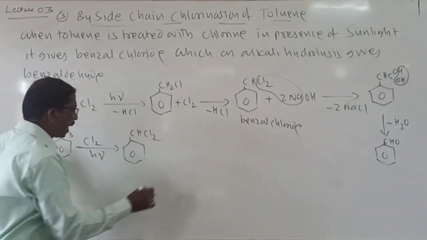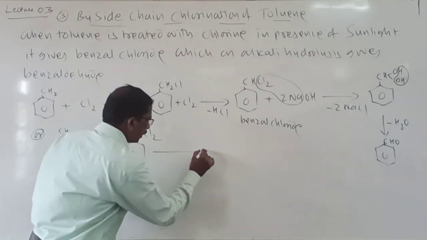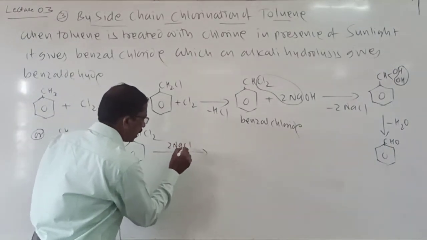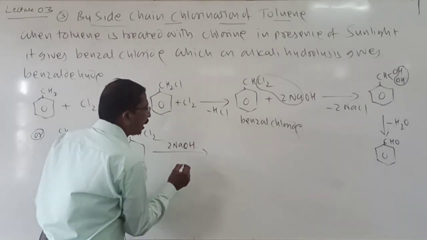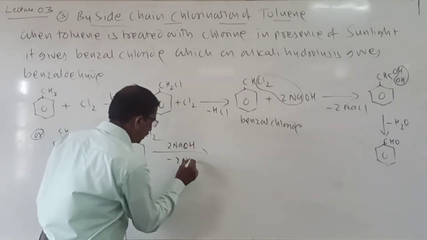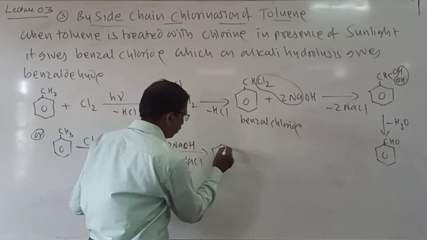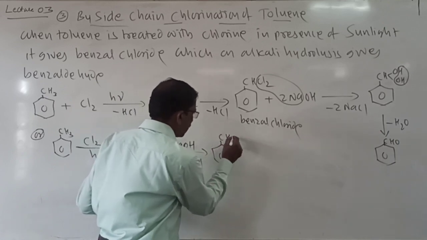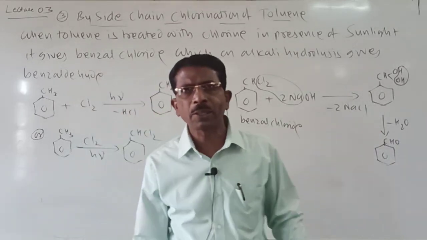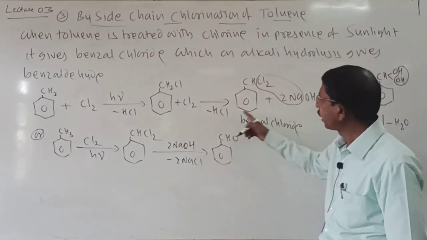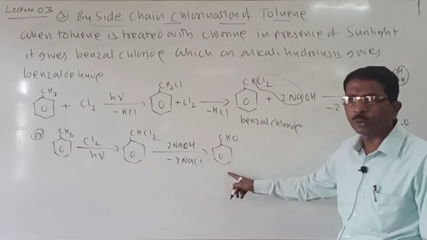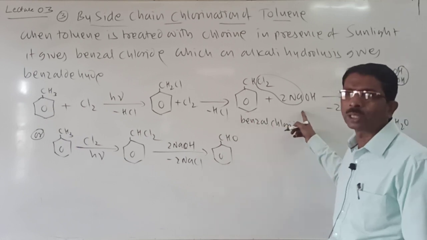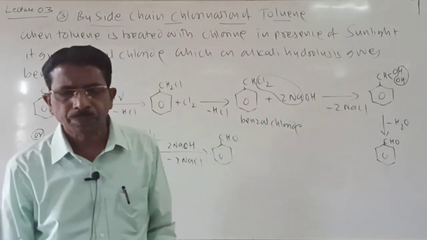Write CHCl2 directly, and then NaOH, it gives minus 2NaCl, and then it forms benzaldehyde directly. So students, choice is yours. You may write this reaction or you may write this reaction. This reaction is given in the NCERT book, and it is the detailed reaction. You may follow any one.